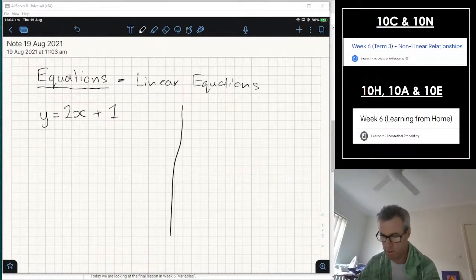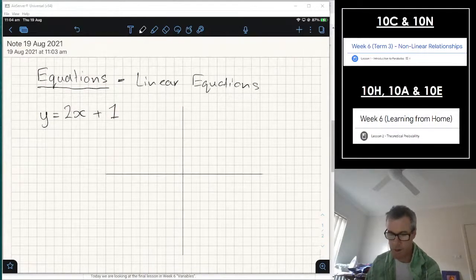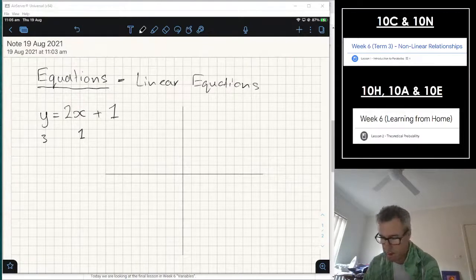So we'd draw up our Cartesian plane, and we would say, all right, well, if x is equal to 1, then y is going to be equal to 3. So that would form the basis of my coordinates, right? We would then go, x is 1 here, y is 3 there.